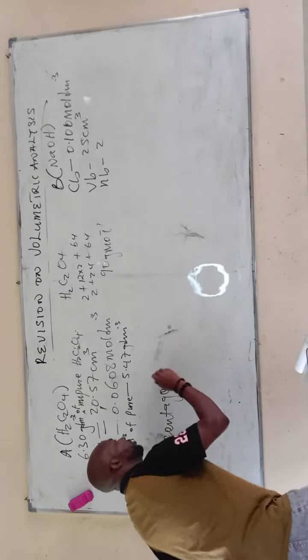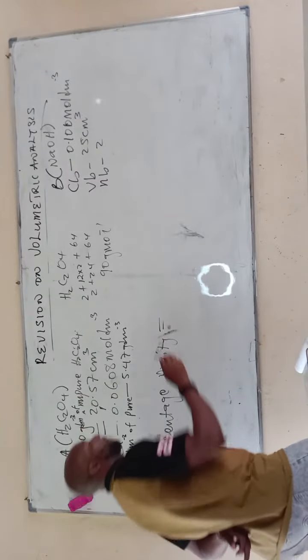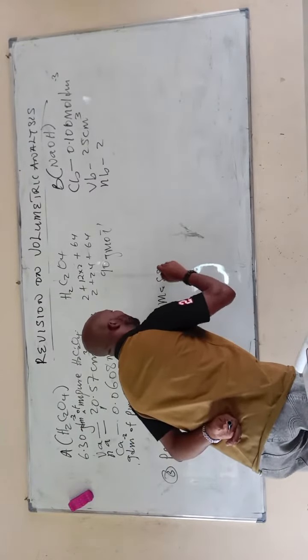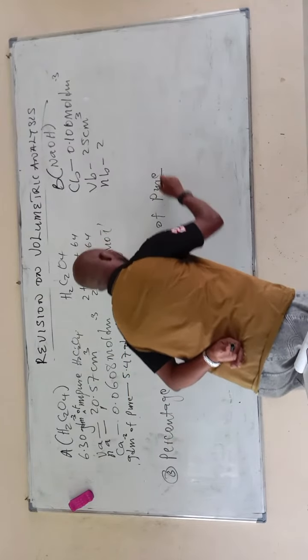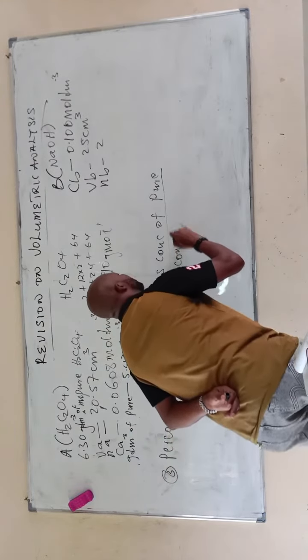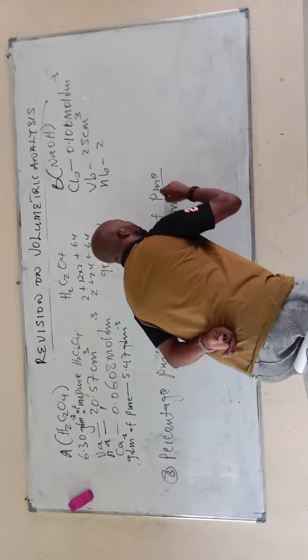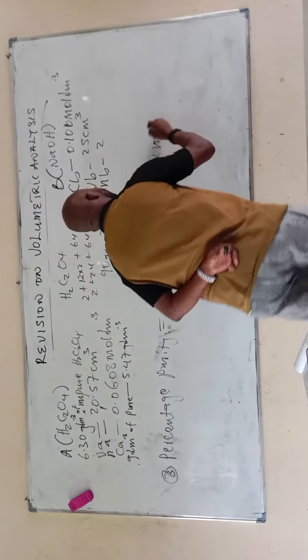Percentage purity is equals to mass concentration of pure over mass concentration of impure acid times 100.